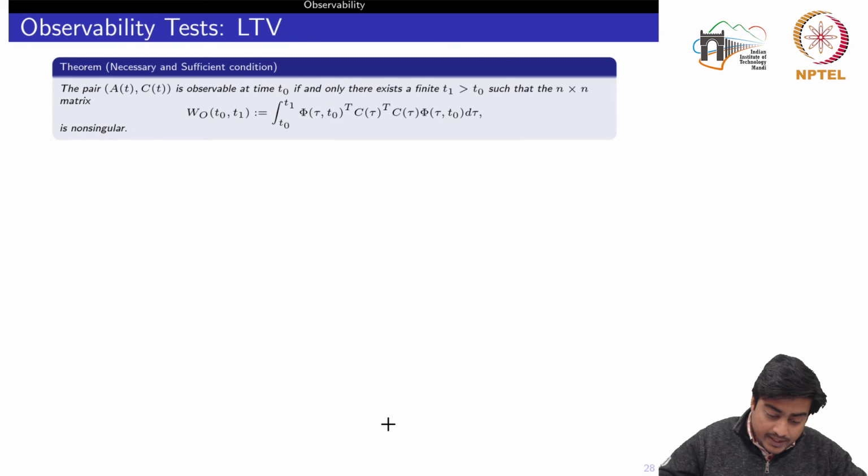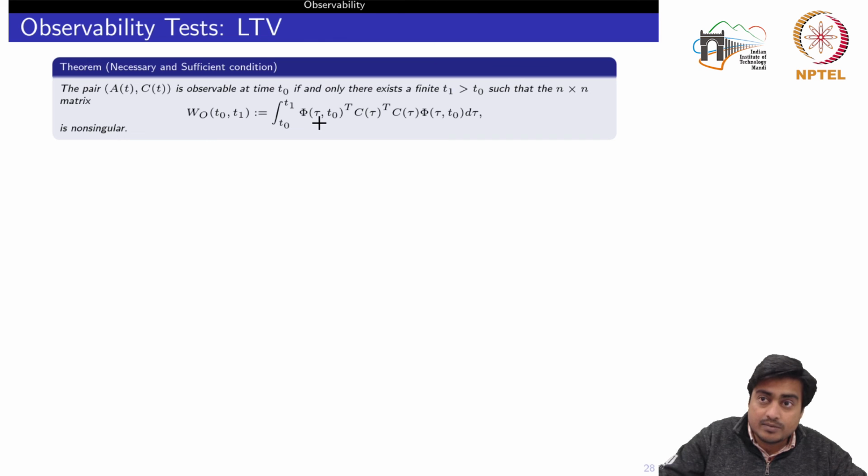Now talking about LTV systems, this is the same result we had seen earlier: this W_O matrix should be non-singular, either for an LTI system or for an LTV system. But in the controllability week, we had seen that for the time varying system, it is a bit difficult to compute the observability Gramian. Why? Because it requires the computation of the state transition matrix.